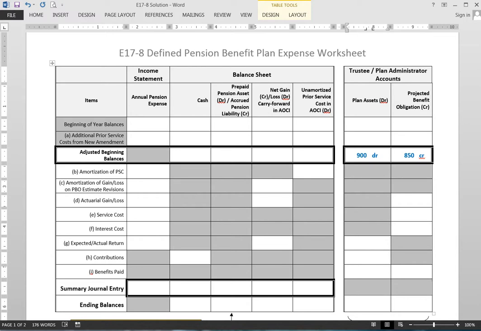And now, once I know what the beginning balances are for the plan assets and the projected benefit obligation, remember that we discussed earlier that the difference between the plan assets and the PBO, the net amount of the difference between the two, is what actually shows up on the employer's balance sheet.